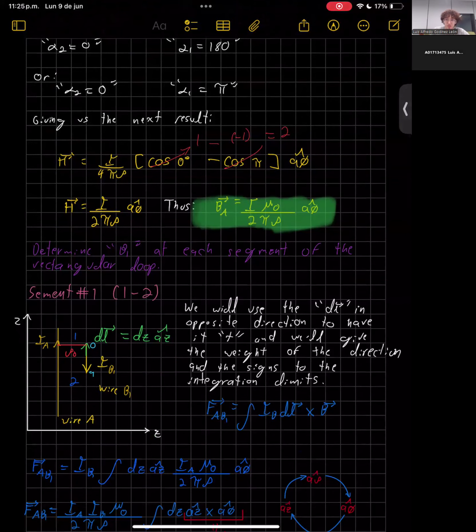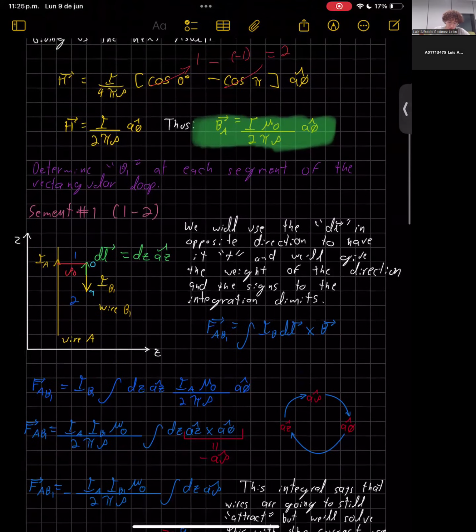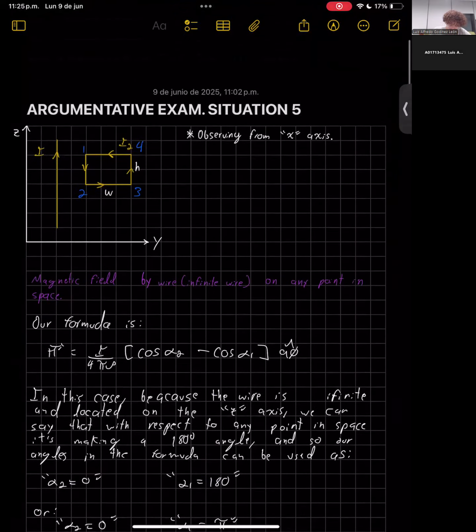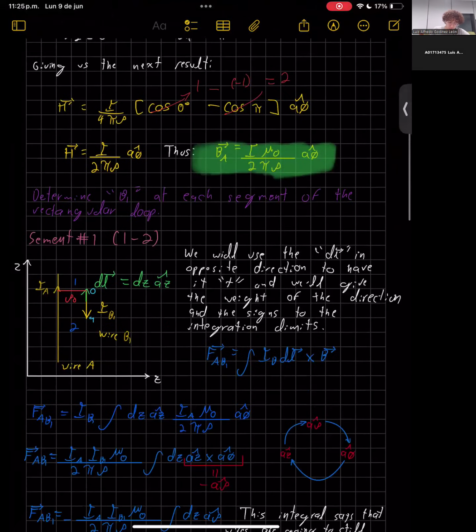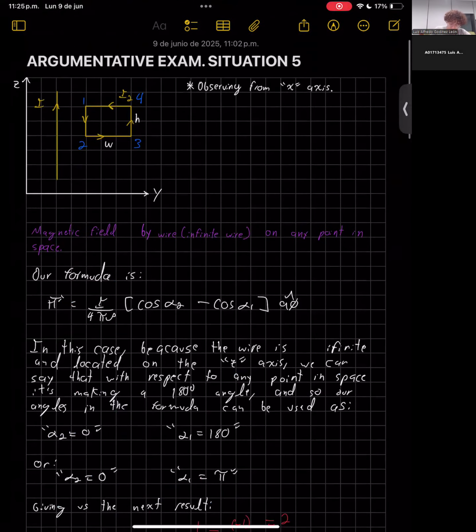And then we have to determine this magnetic force at each one of the segments of a rectangular loop. I erased the loop. So we're going to start with segment number 1, that is going to be this from 1 to 2.